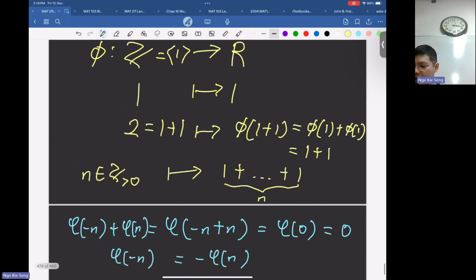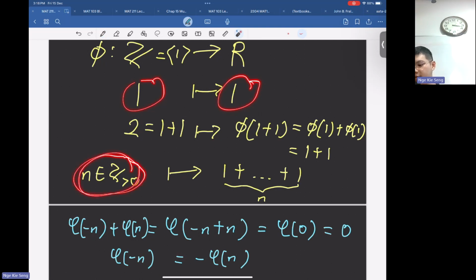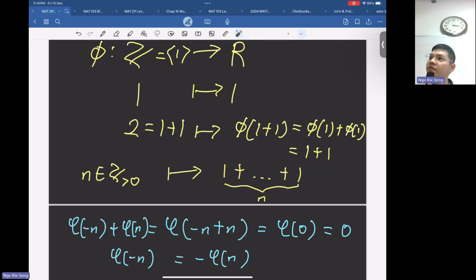You have to send 1 to 1, and then all the positive numbers to 1 plus 1 n times. For negative numbers, just send it to the negative of phi of the absolute value.